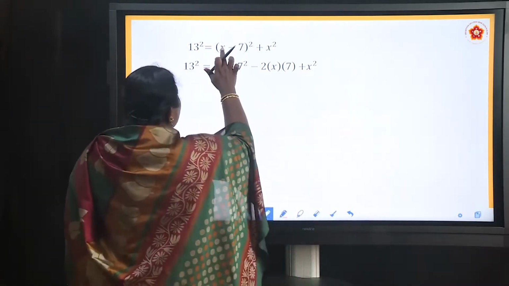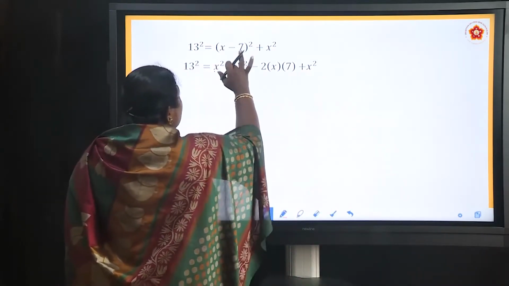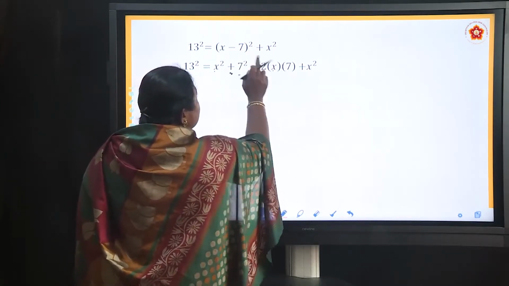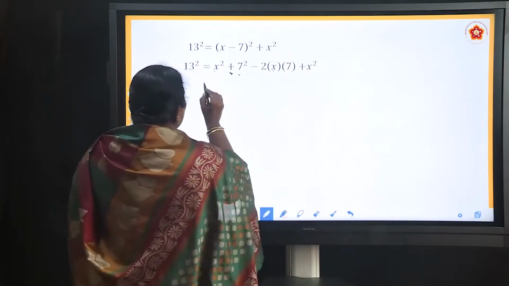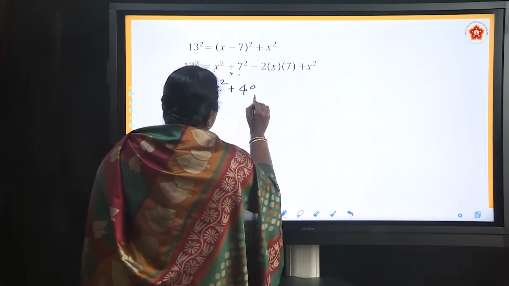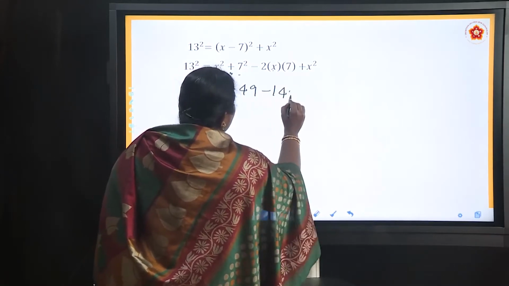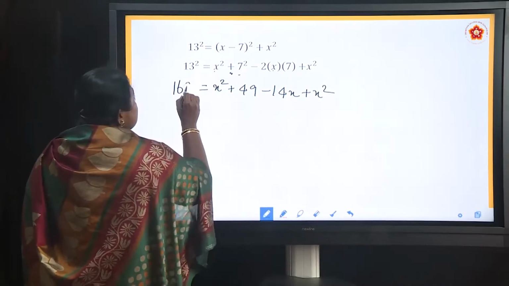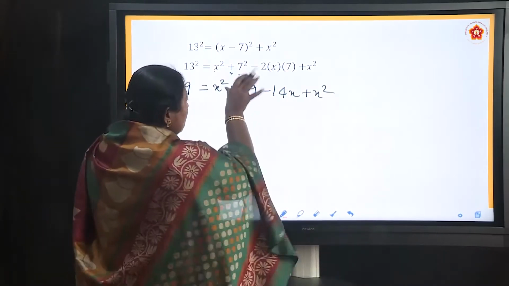So what do I get? x square plus b square, 7 square, minus 2 into a, x, and b, 7. So what will I get here? x square plus 49 minus 14x plus x square. So 13 into 13 is 169. Right. Now simplify it.